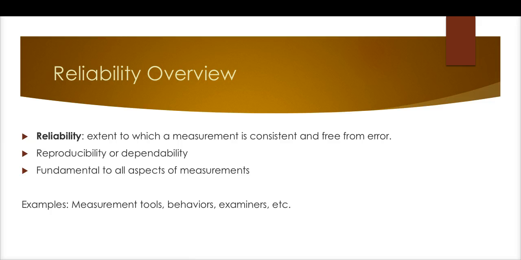So let's just start out with, well, first, before I go into the overview of reliability, I want to talk about the three main things that we're looking at. We're looking at reliability, and that refers to the outcome measure's consistency in score production.